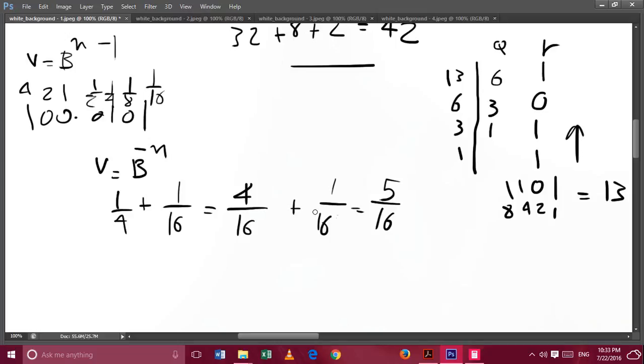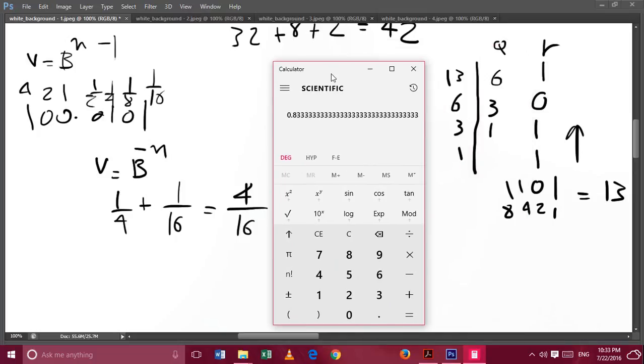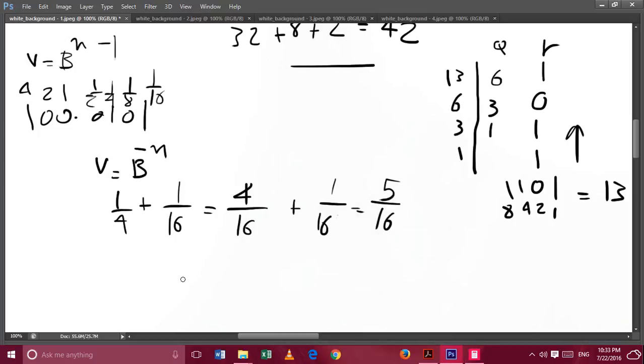So let's use a calculator to figure out what 5 over 16 is. Here's a calculator. 5 over 16 equals 0.3125, but I'll approximate it as 0.3333. We're going to do truncation. This is called truncation.